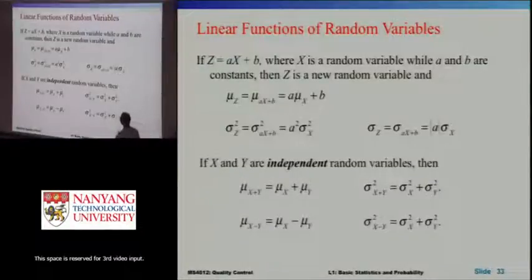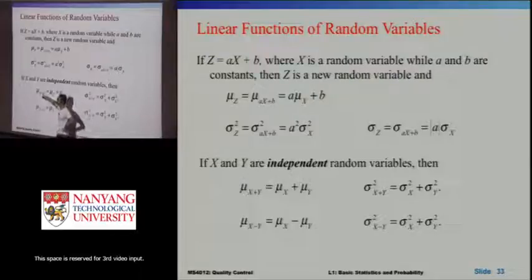And then we move to two independent random variables. X and Y are two independent random variables. If we take a linear combination, like a new random variable equal to X plus Y, one random variable plus another, or the new random variable is one random variable minus another one, then the average of the new random variable will depend on both averages.